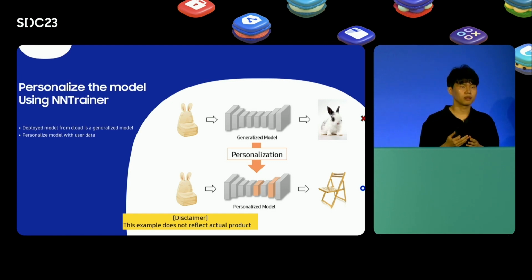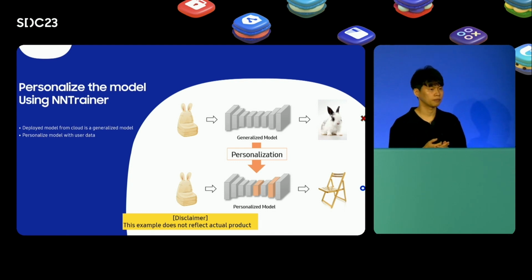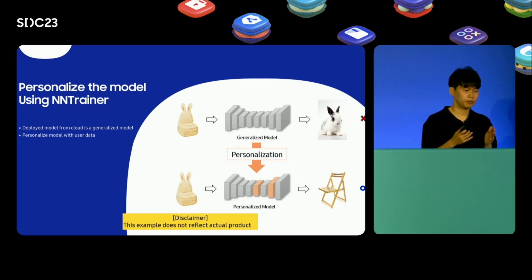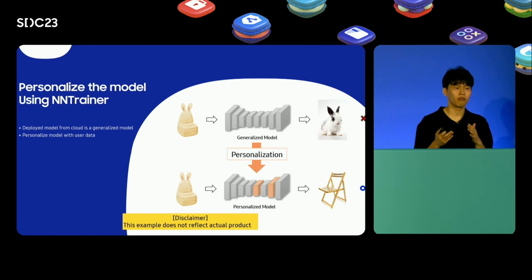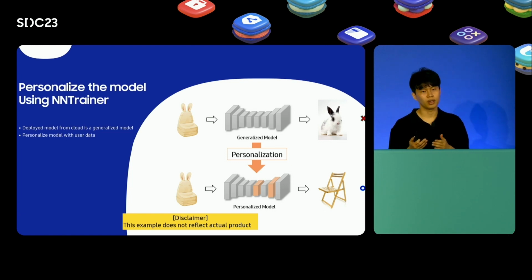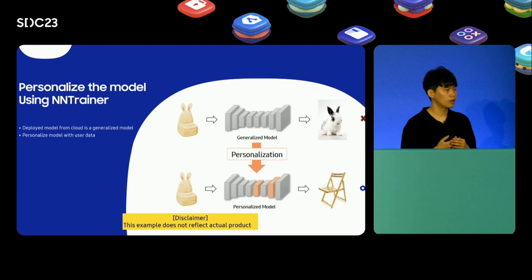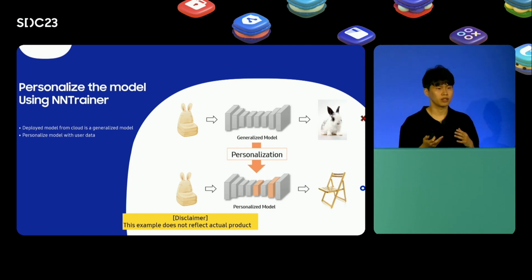The base model might misclassify the chair as a rabbit. And because the robot vacuum cleaner thinks it is a rabbit, it may slowly approach and touch the rabbit to let the rabbit move out. But this is not what I would like. So in this case, we have to personalize the models with the user's data using NNTrainer.